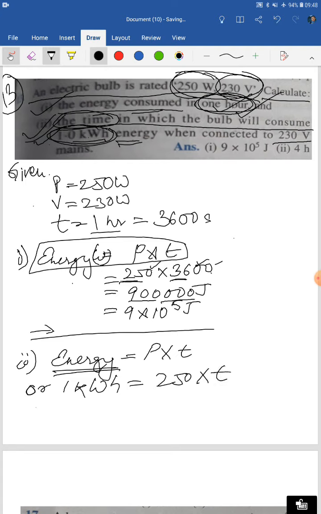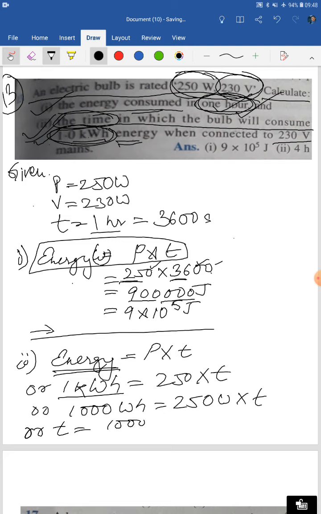Or you know 1 kilowatt hour is how much? 1000 watt hour equals 250 watt into T. Are you getting my point? Or make T the subject, so T is equal to 1000 watt hour divided by 250 watt.